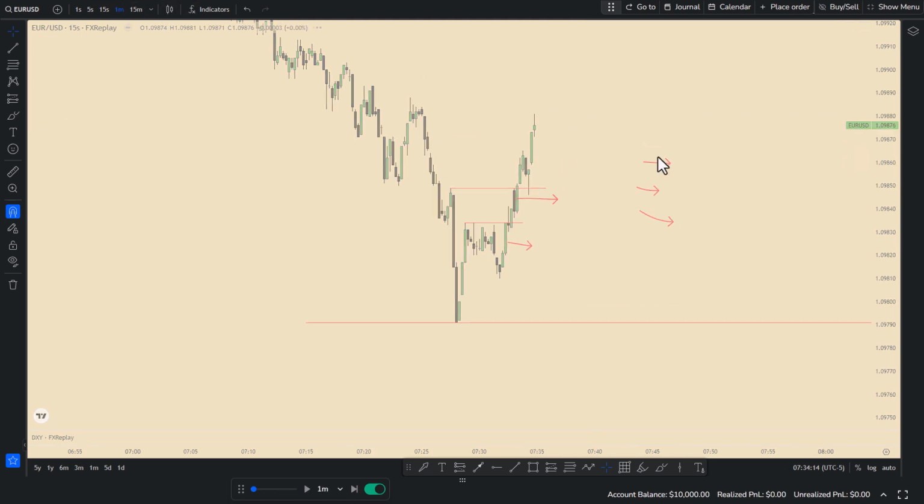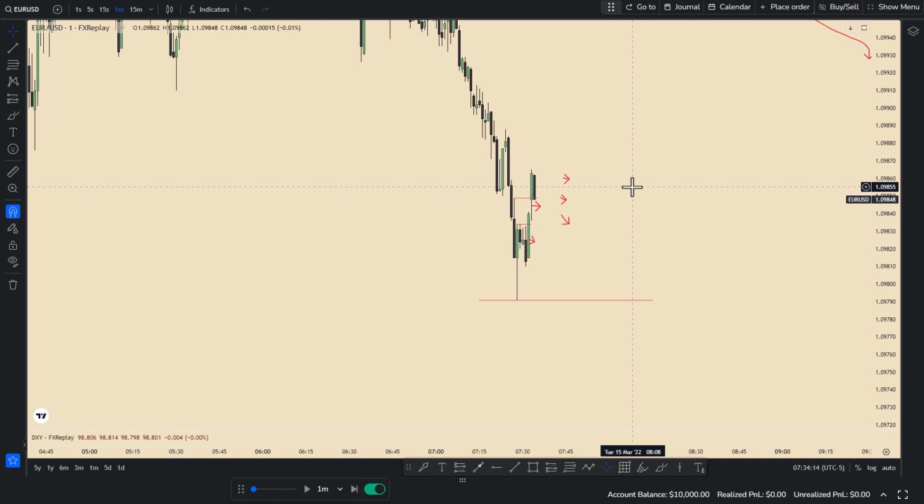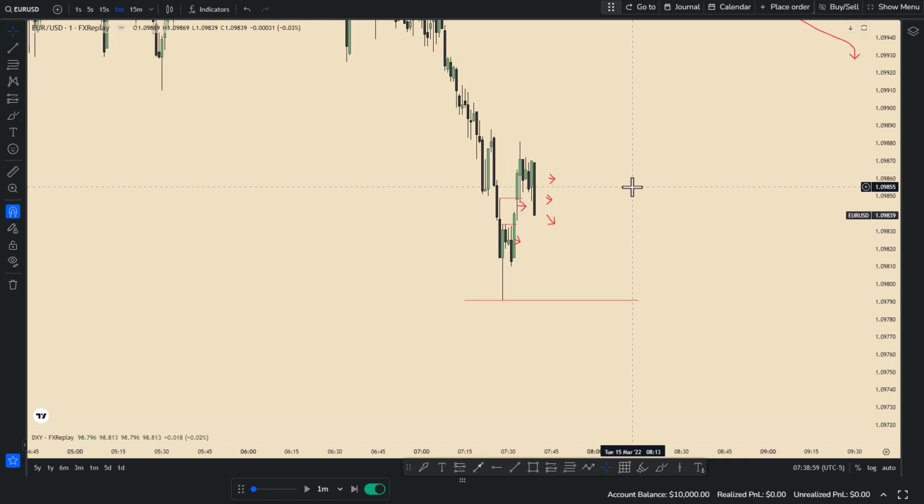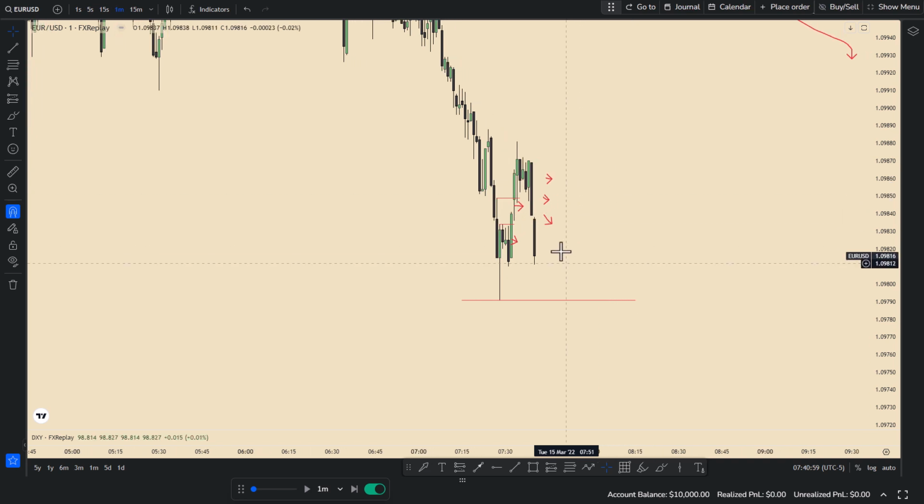Let's go to the 1 minute. Okay, so now this right here is a good trade for me. We have those lines of defenses, and we are breaking every single one of them, right?